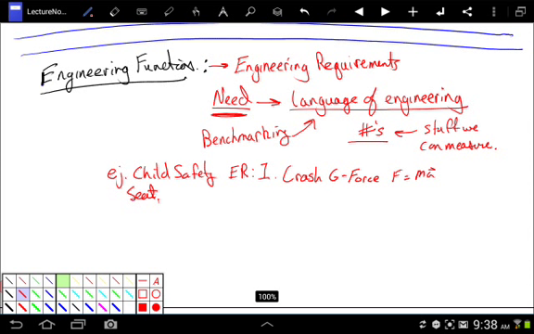So now the crash G-force: we need the chair to survive a certain acceleration, and we also need the child to survive a certain acceleration. Those might be two separate things. A crash that a child can survive might irreparably damage your chair and you need to get a new one. That's fine. Kid's alive. We're all happy.